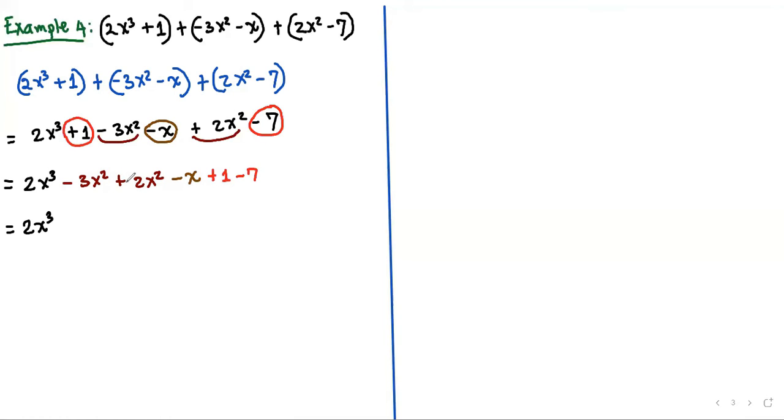Minus 3x squared plus 2x squared. So let's first get minus 3. Let me write it here aside. Minus 3 plus 2. Negative 3 plus 2, you're going to get negative 1. So this means that we are having minus 1x squared. But this one, we simply write it as minus x squared. So this means that we are going to have minus x squared, this one.